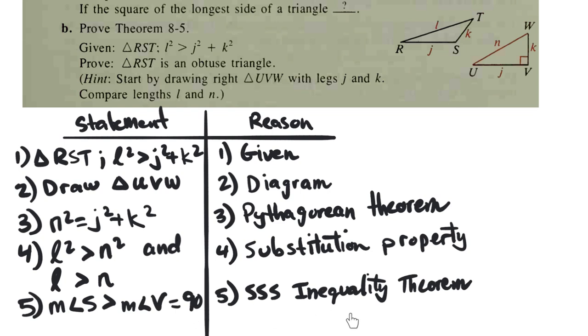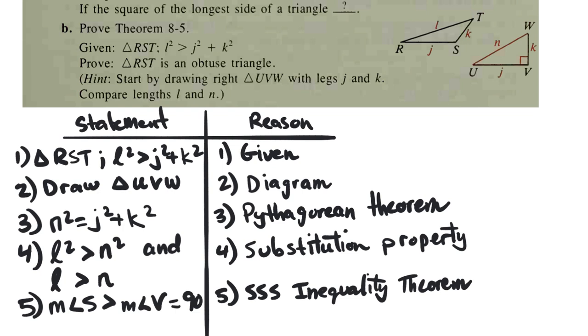The side inequality theorem states that if you have two sides the same, so j and k are obviously the same, and the third side is bigger than the third side of the second triangle, then the angle opposite that side is bigger than the angle opposite the third side of the second one. So there we are saying that angle S is definitely greater than 90.